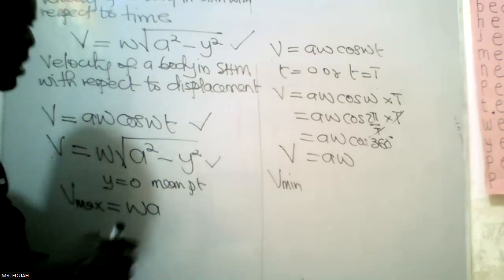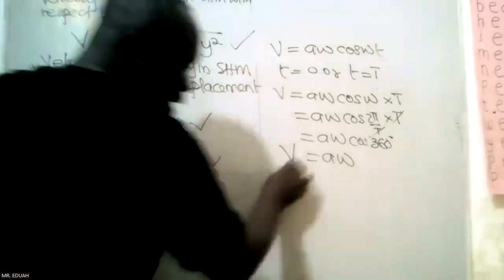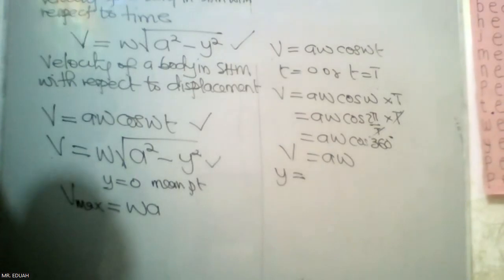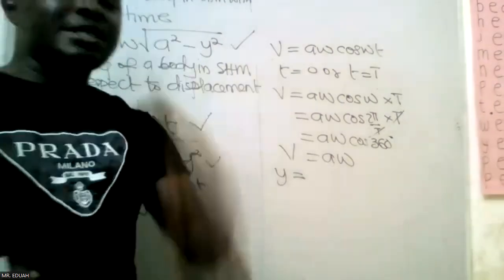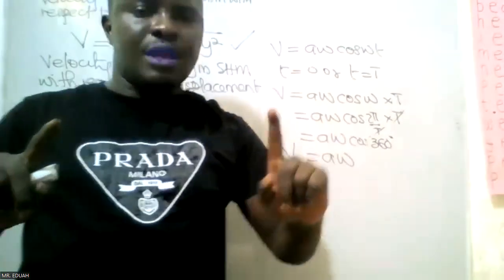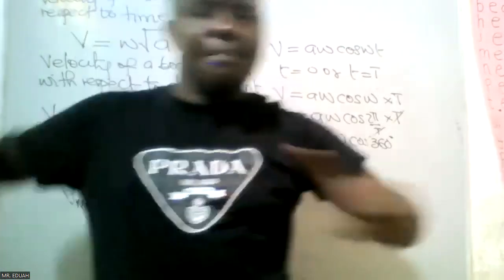Okay, so minimum velocity occurs at the amplitude. Now, at the amplitude, the displacement y is equal to what? Let me correct something. You don't say that the minimum velocity occurs at the amplitude.